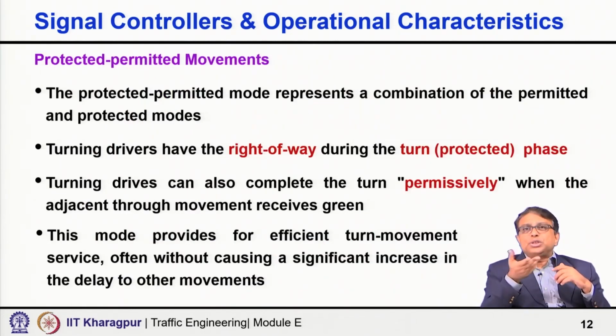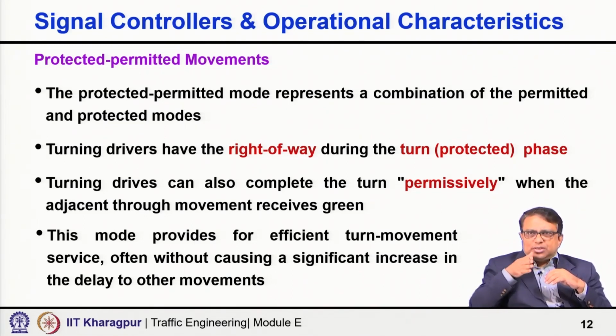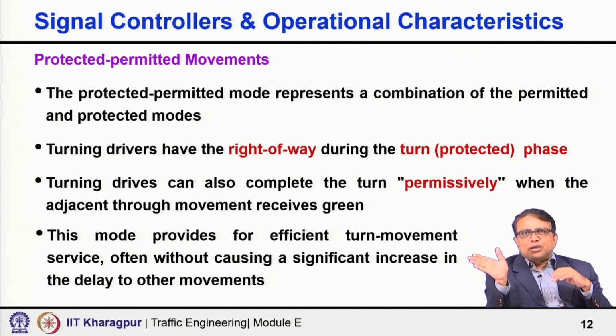Now, sometimes there are also protected permitted combinations. What is that? The protected permitted mode represents a combination of the permitted and protected modes. Turning drivers have the right of way during the turn phase. Sometimes you are allowing only the right turning traffic and it is protected.